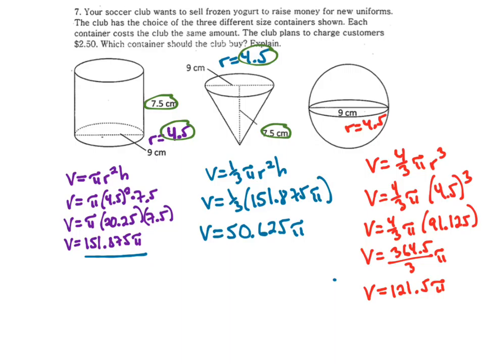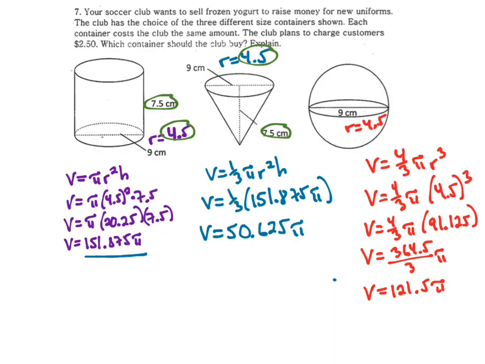However, if the soccer club wants to make the most amount of money, who cares about the customer, then they're going to want to use the cone, because that has hardly any yogurt, their lowest volume, so they're going to use the least yogurt out of any of these three shapes. Or you could say, well, maybe they want to balance honesty and cost and use this bizarre sphere, whatever.